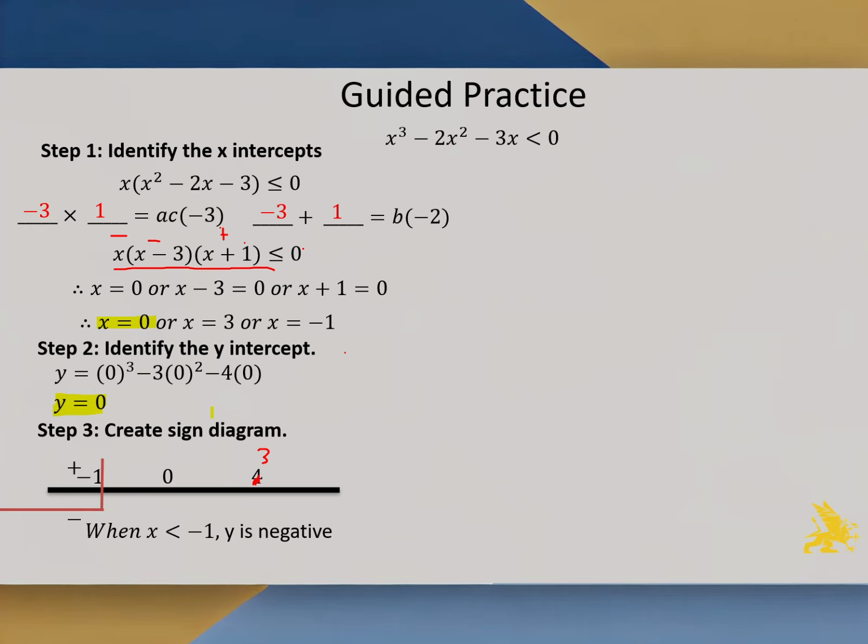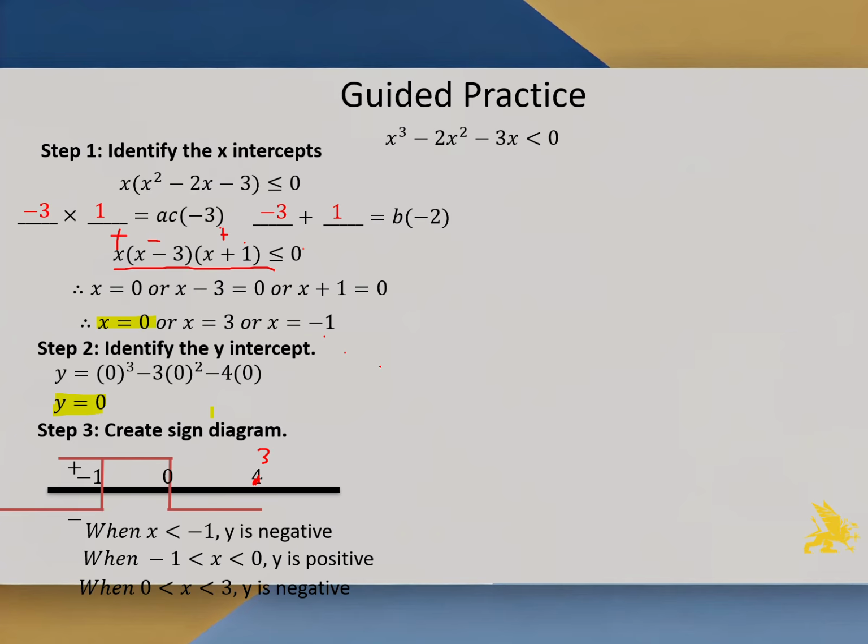So I go into the positive area. Then I move on to the next part. And again, I'm going to pick a number between 0 and 3. I'll just pick 1. So 1 is positive. 1 take away 3 is negative. 1 plus 1 is positive. So that leaves me in the negative area because a positive and a positive is a positive. A positive and a negative is a negative.